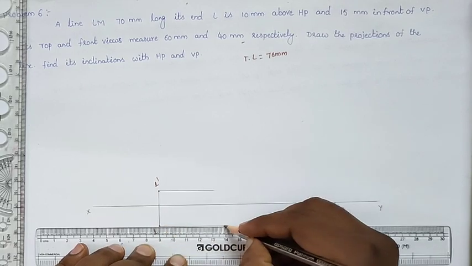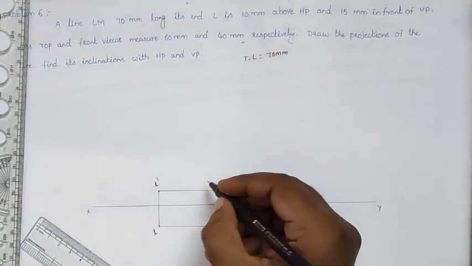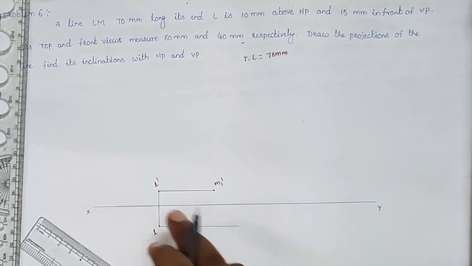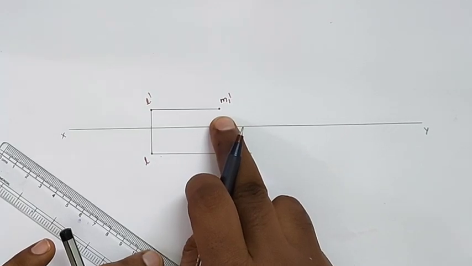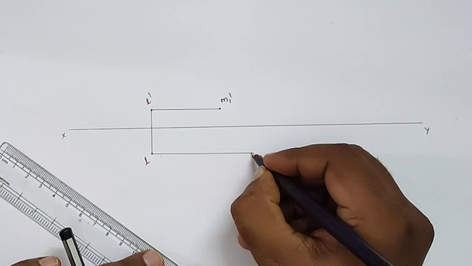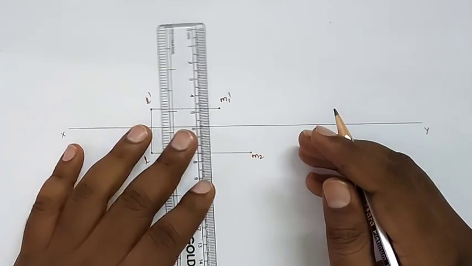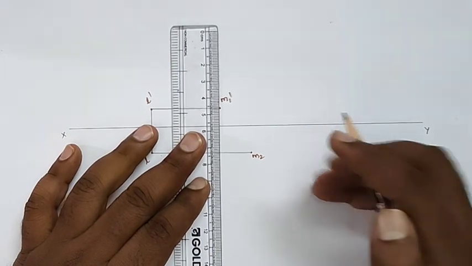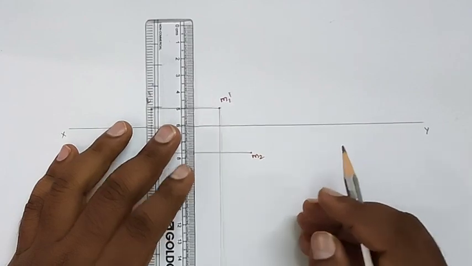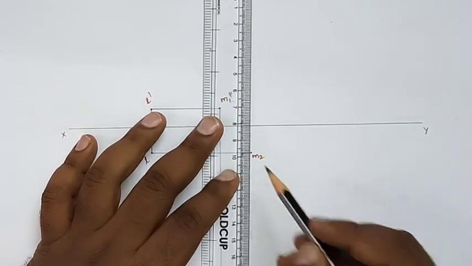So from point L we will draw the top view length of 60 mm. Here I am locating this one as L dash M1 dash. So L dash M1 dash is our front view length, and LM2 is our top view length. So that is 60 and this is 40. Now from M1 dash draw the vertical projection line. From M2 also draw the vertical projection line in upward direction.